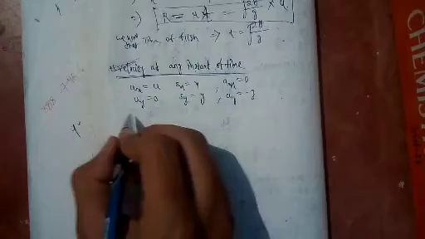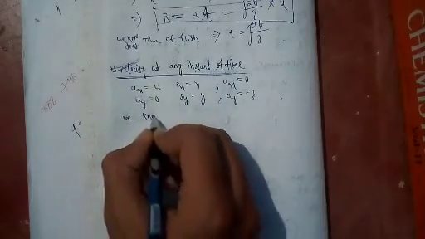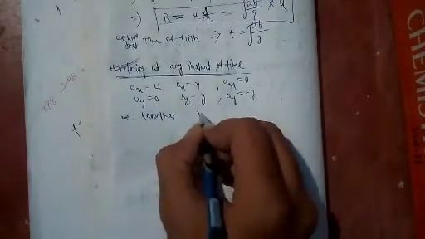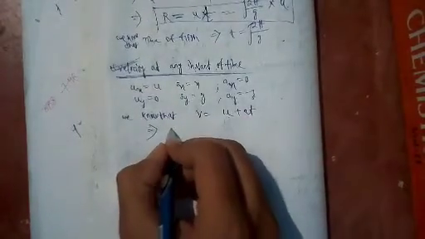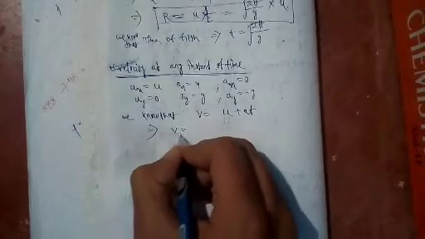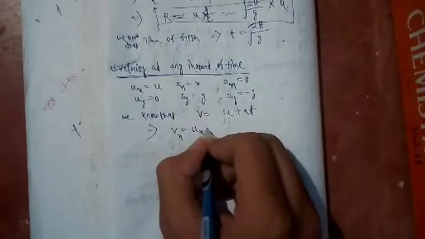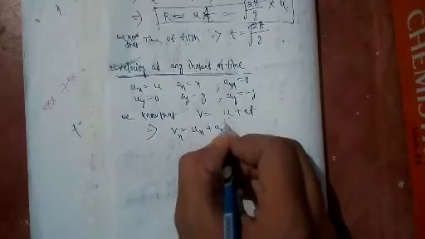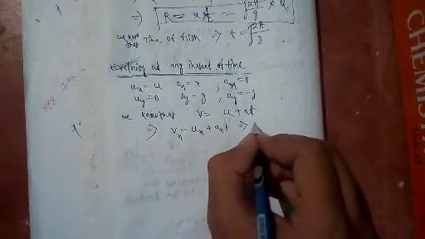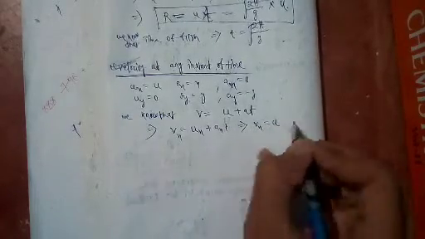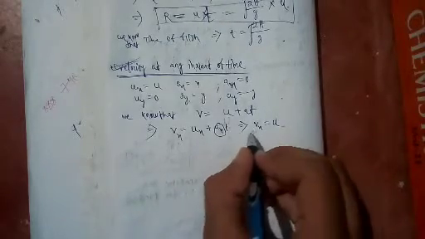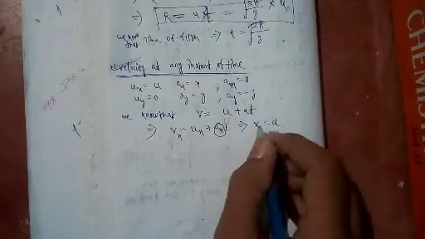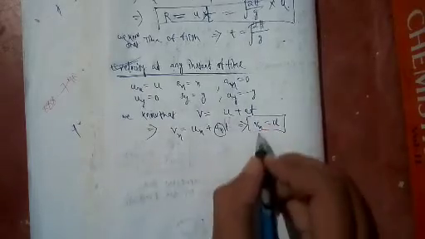Then we know that v is equal to u plus at. Then vx is equal to ux plus ax t, and since acceleration in x direction is 0, vx is equal to u.